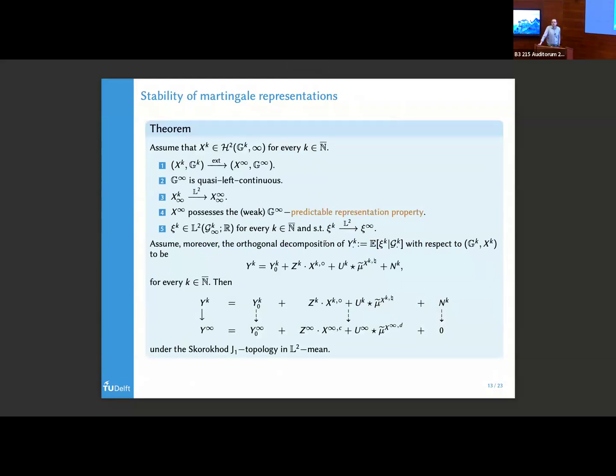This would make sense, right? Because you could get diffusive behavior attained from jumps, so you could approximate diffusions by jump processes. Yes. But is this included in your set of assumptions? This is a pure jump process, right? So a discrete time process is by definition a pure jump process.